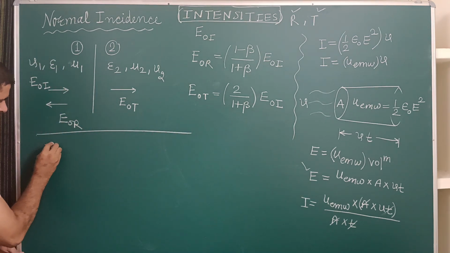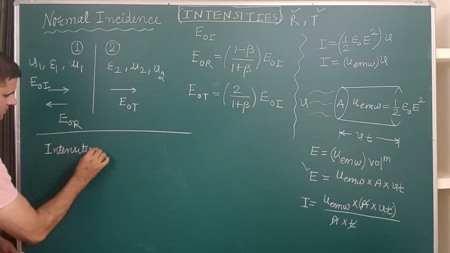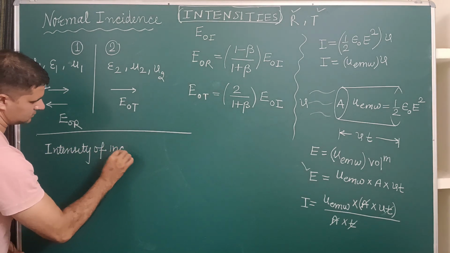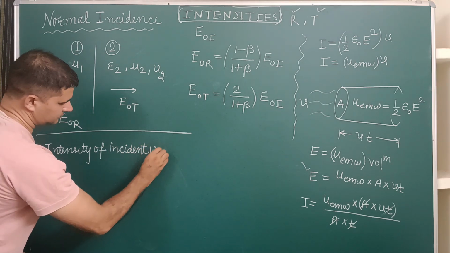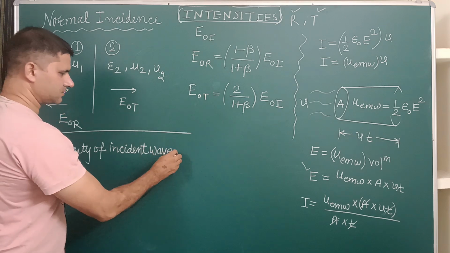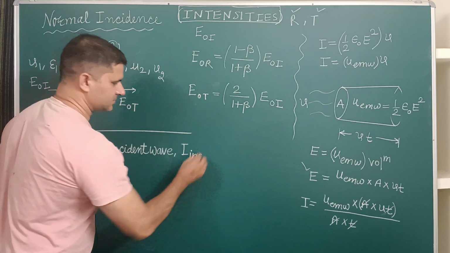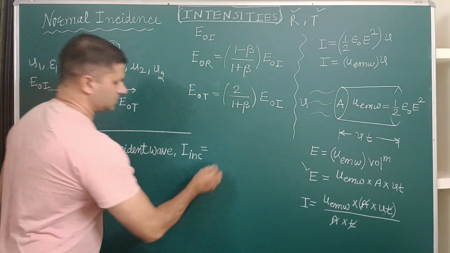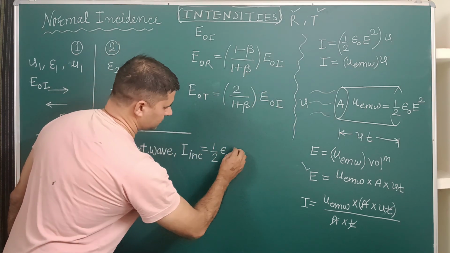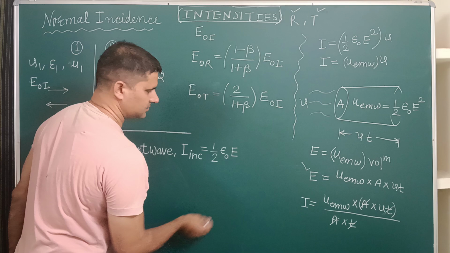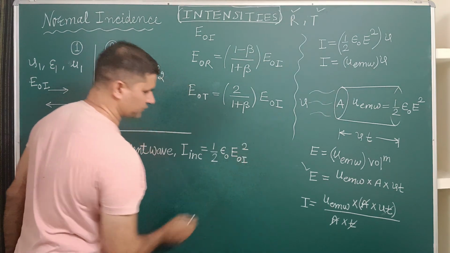incident wave. Okay, that will be, यहाँ पर लिखेंगे I incident, this will be equal to, I will substitute the value that is 1 by 2 epsilon naught, and here I will write amplitude of incident wave, its square.